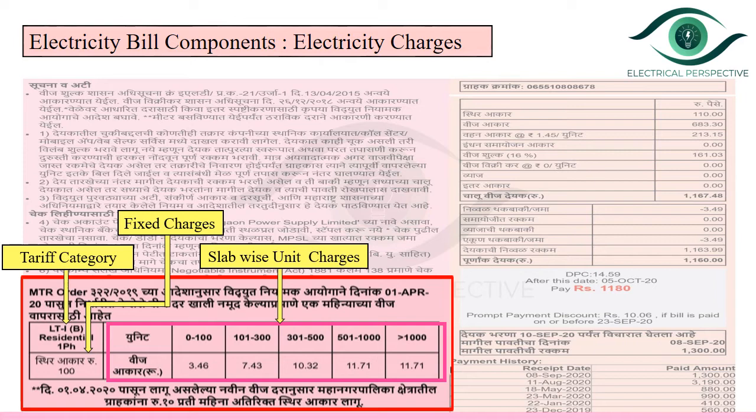Whatever is given here, they consider that it is for the standard billing period of 1 month, that is 30 days, but in actual practice it may deviate. It may be 28 days, 29, 31, 32, 35 like this. So the number of units per slab will change depending upon your actual billing period, and the actual billing period is always mentioned on your electricity bill. We have just seen that.